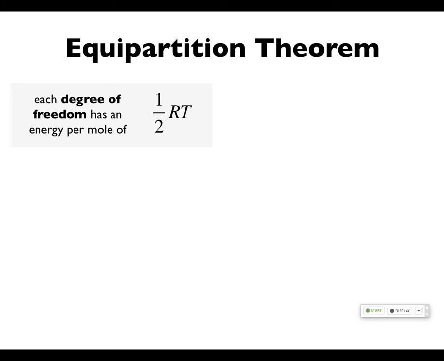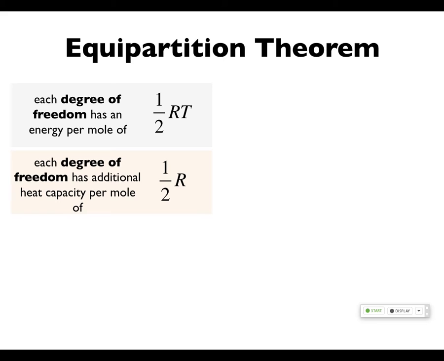And then each degree of freedom has an additional heat capacity of 1/2 R. That's just 1/2 times 8.31. So the heat capacity is going to be x, the number of degrees of freedom, divided by 2 times R.